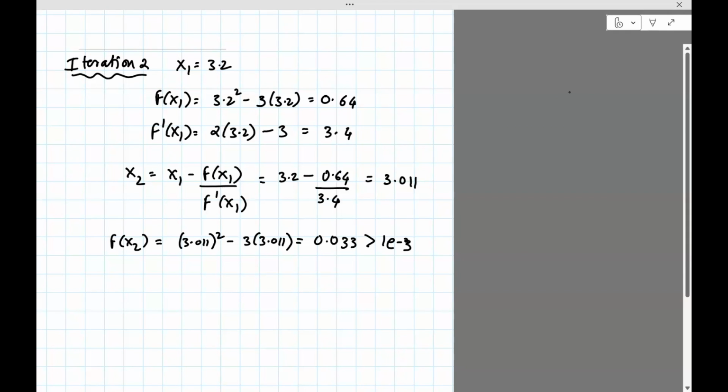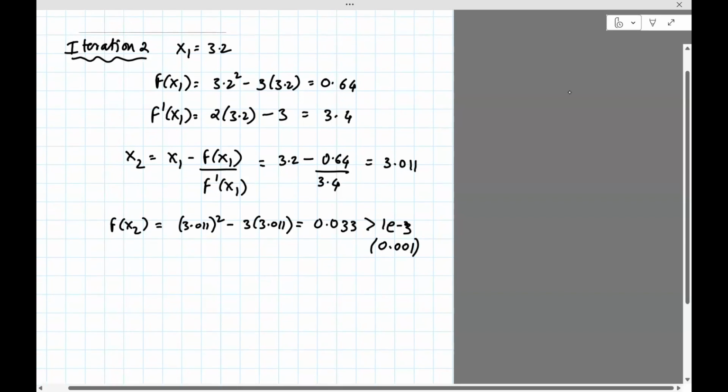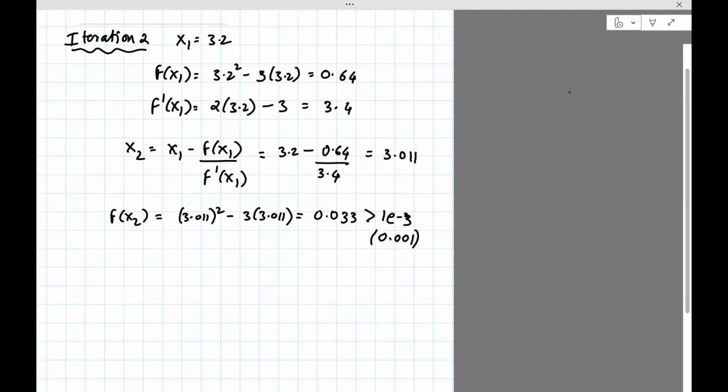What is 1e negative 3? It's 0.001, right? So clearly 0.033 is larger, but we are close. We know that solution is 3. Maybe we'll find it in iteration 3. Okay, so we still have to continue. So we do third iteration. So now my x1 is the old x2, which is 3.011. And then let's do final iteration 3. That was what we were asked to do by hand.